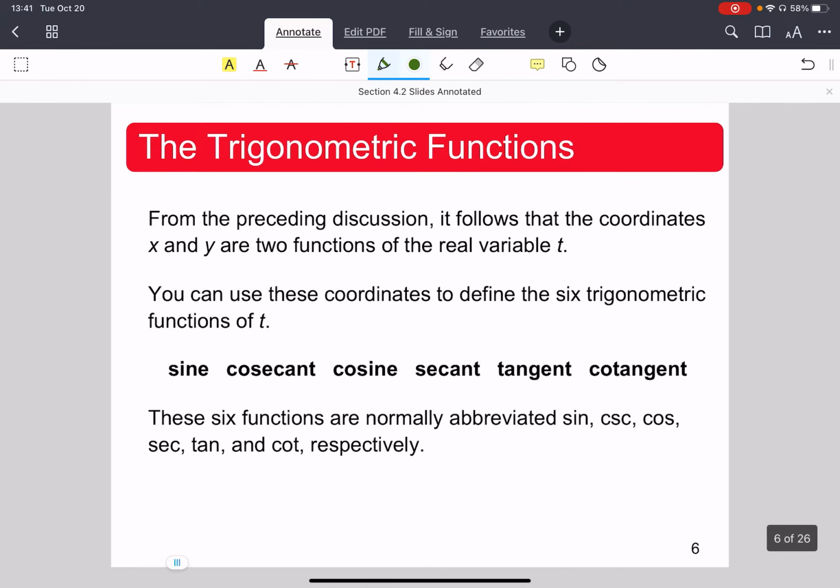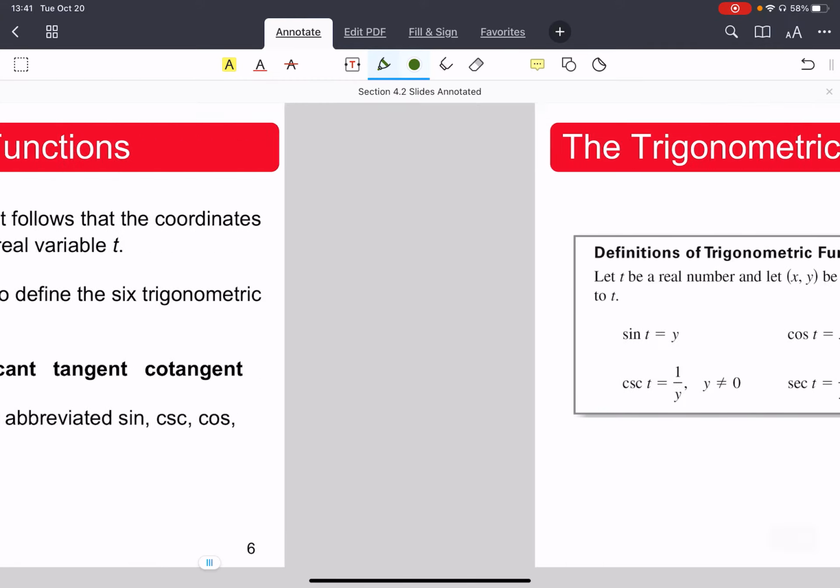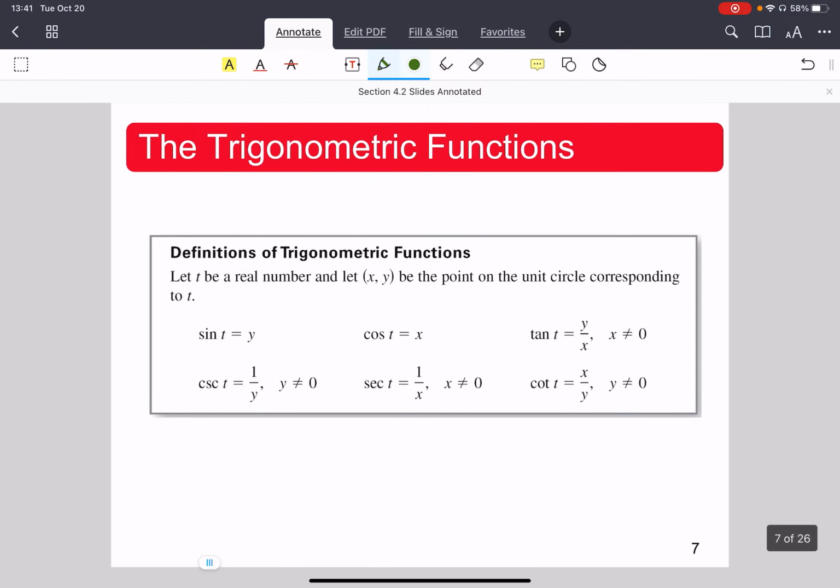All right, so it follows that the coordinates x and y are two functions of the real variable t. And I'm going to show how each of these 6 functions is formed in the next slide. So, the definition of trigonometric functions.